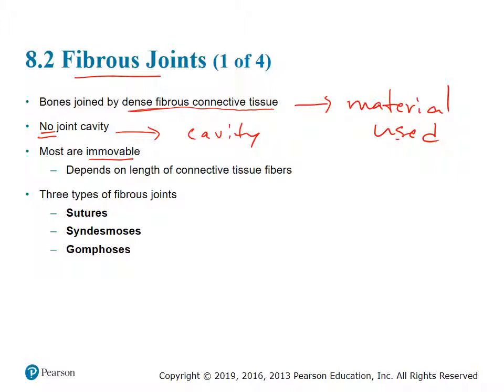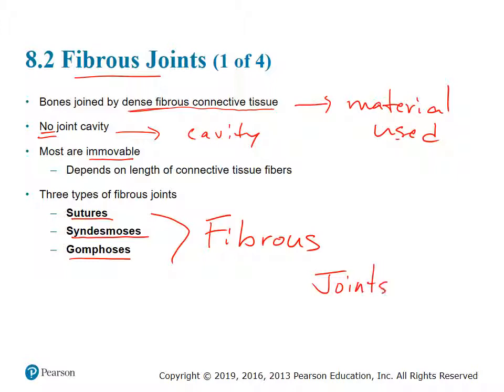Under the fibrous joints, we have three different types: sutures, syndesmosis, and gomphosis. All of these are types of fibrous joints. And again, a flow chart's really nice to put together. If you were to talk about types of joints, you would say these are the structure and these are the function.